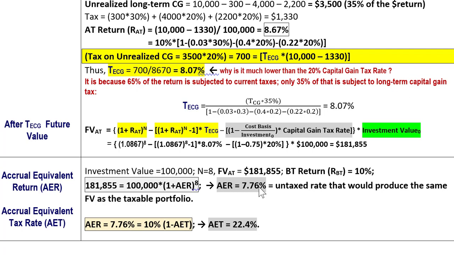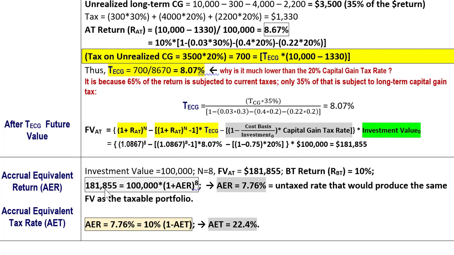To do this, we need to first understand what is the true future value after tax. Think about this formulation. Suppose we are able to calculate the true future value after tax.